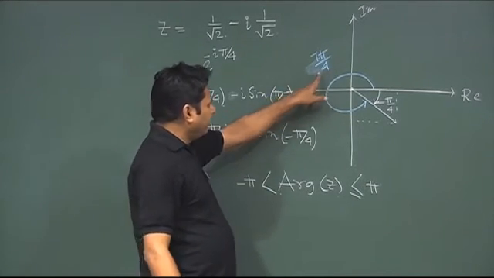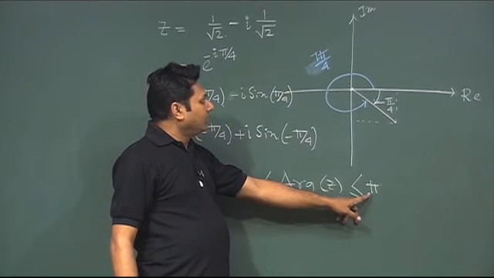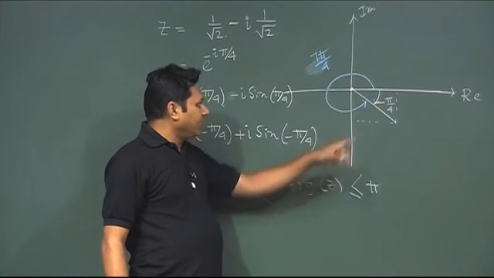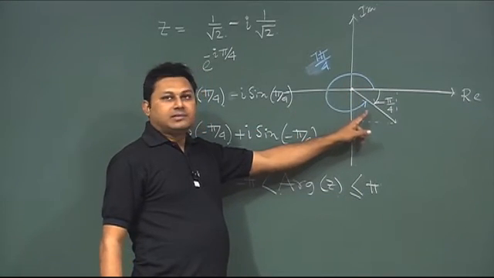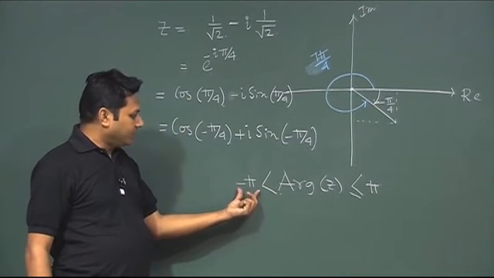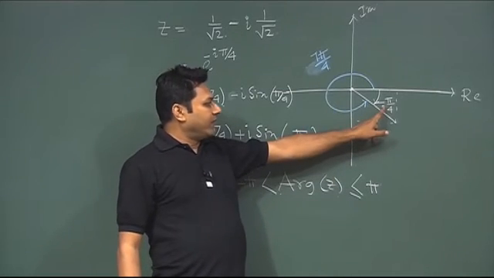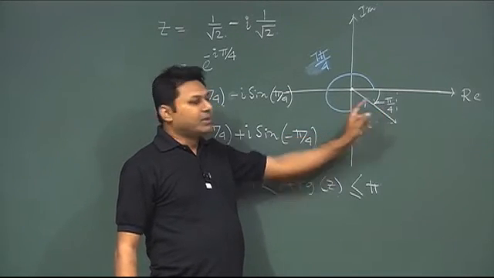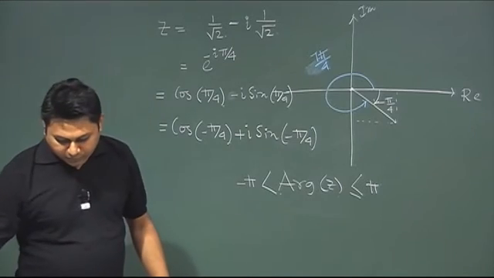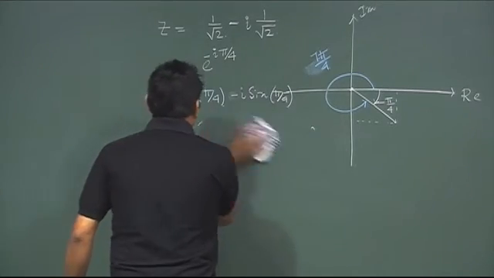So, 7 pi by 4 is obviously greater than pi. That is why the argument should not be this blue one, rather it will be minus pi by 4, because minus pi by 4 falls in this limit. So, the principal value of the angle should be minus pi by 4. That is the thing I wanted to mention here. Okay.